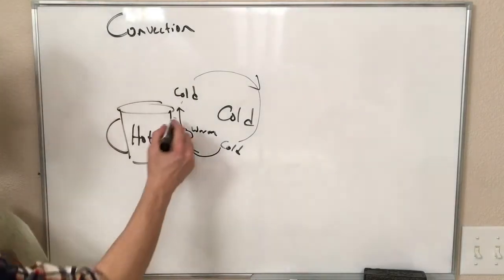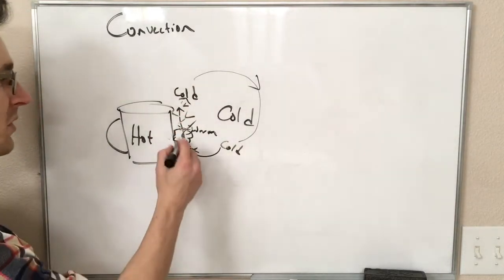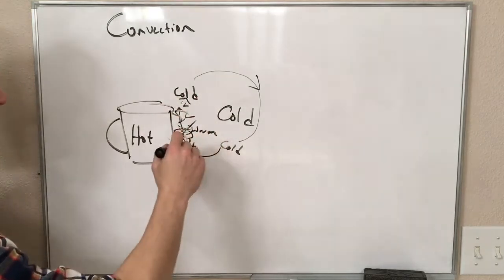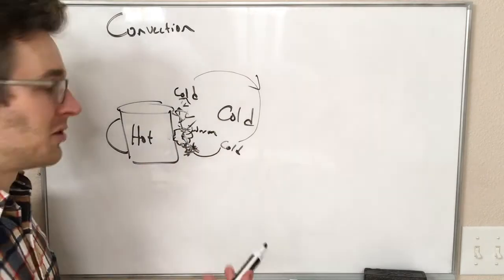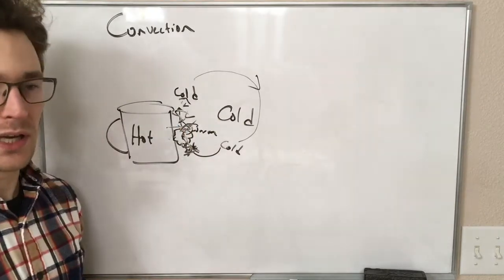So if you put all this stuff in the way that doesn't conduct heat very much but blocks the air from moving, it has the effect of stopping this convection, and then you're left with only conduction, which air is a poor conductor, so the heat can't get through it very much.